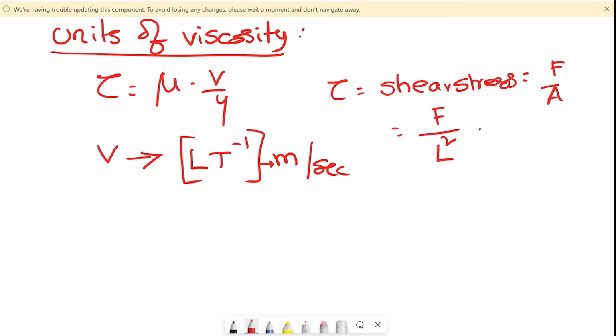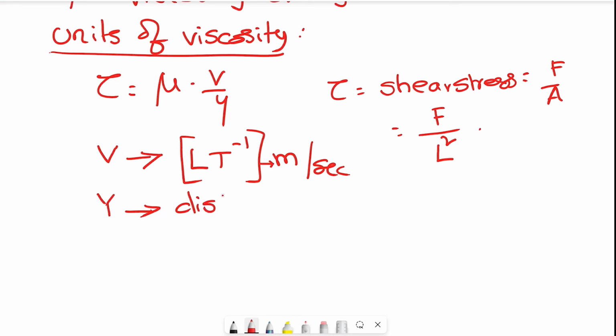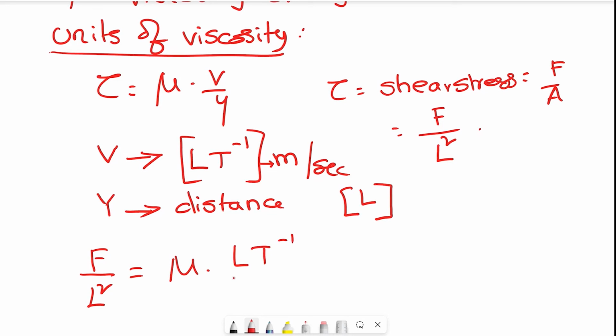Then y is nothing but the distance between the two plates, so it is represented by L. Now let us substitute: tau is equal to F by L square is equal to mu into V, that is LT minus 1, divided by L. So F by L square is equal to mu into T minus 1.